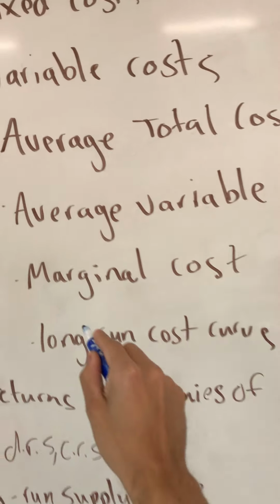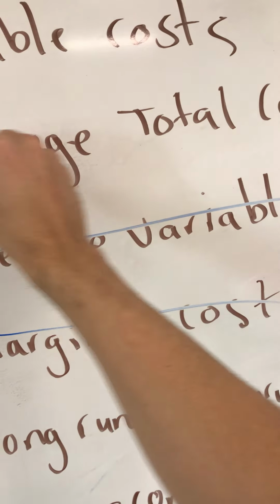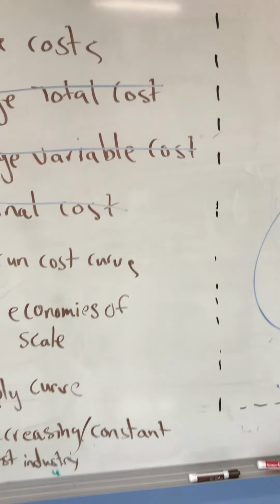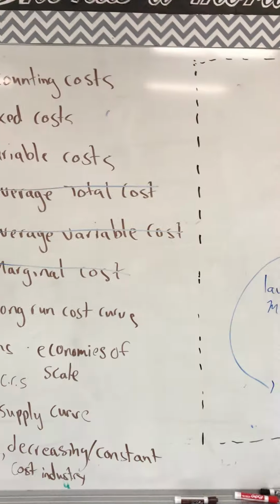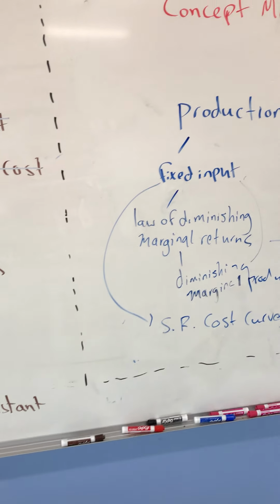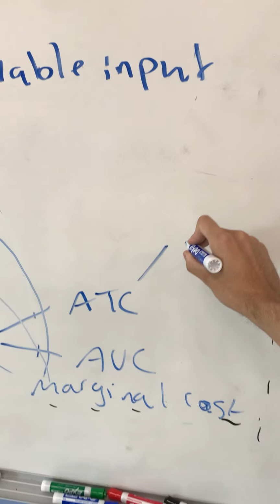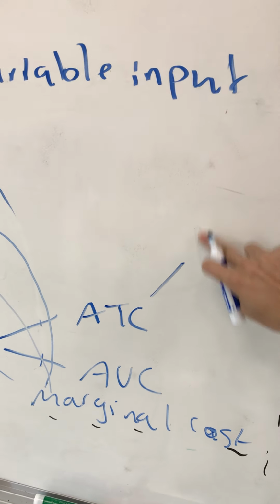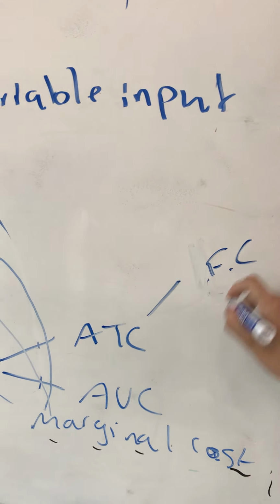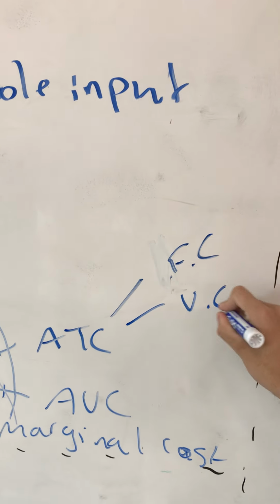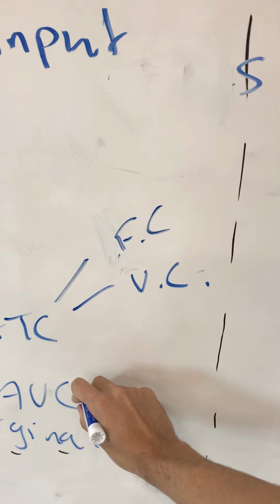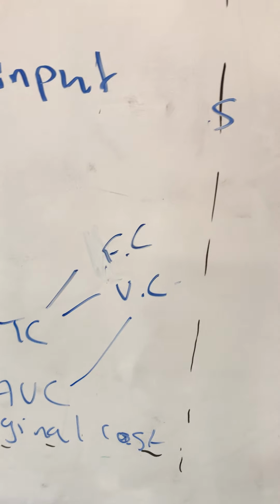So I'm going to cross out marginal costs, average variable costs, average total costs. Fixed costs and variable costs, we can maybe connect it here, right? I'm just going to put FC for fixed costs and variable costs because that's the sum of these.